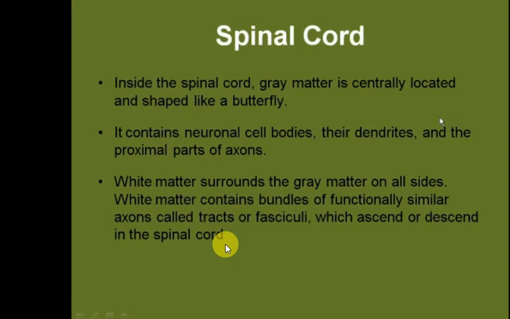They surround the gray matter. The white matter surrounds the gray matter on all sides, because it is actually the axons of those neuronal cell bodies which are going to their target organs. So they form bundles of nerve fibers, fasciculi and funiculi, and they ascend or descend in the spinal cord to whatever location they want to go.